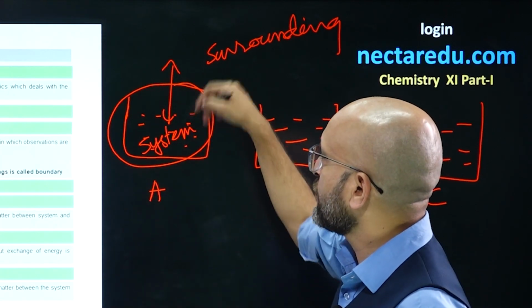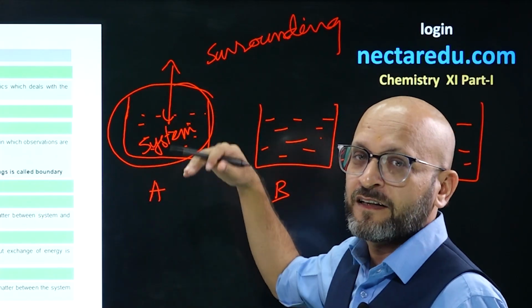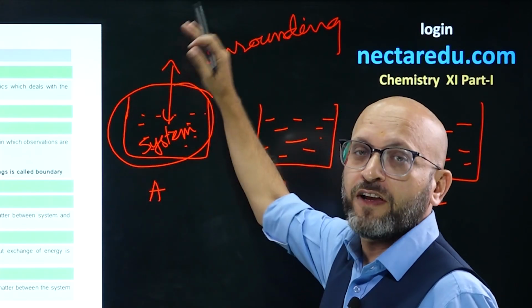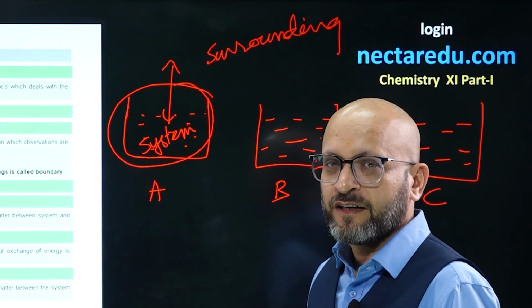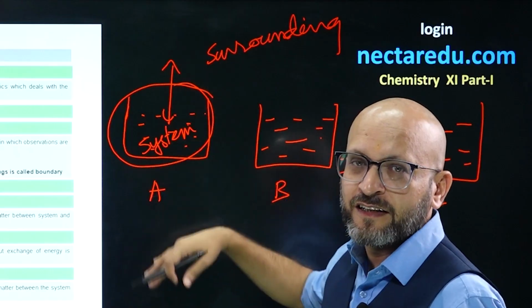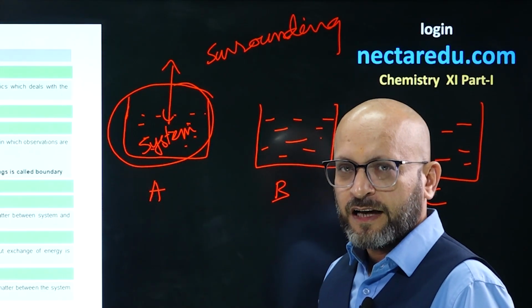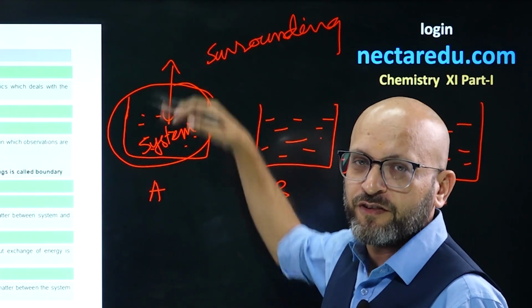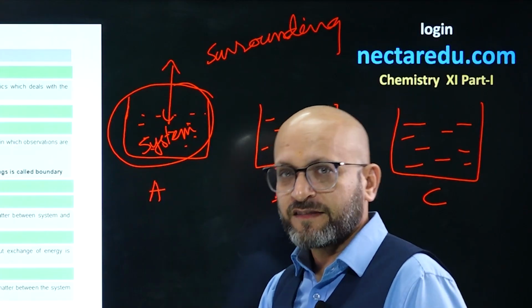So exchange of energy is happening, and some part of the water will also evaporate and convert into vapors. So there is exchange of mass as well as exchange of energy between system and surrounding.